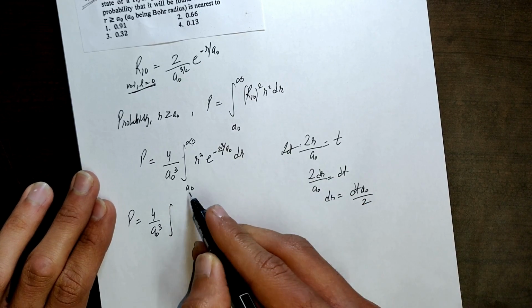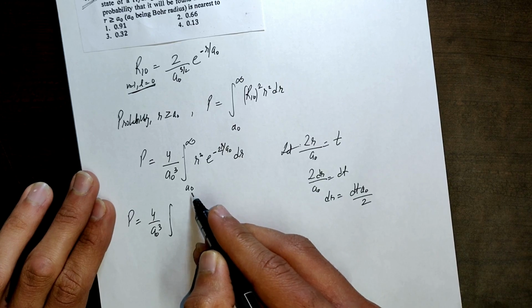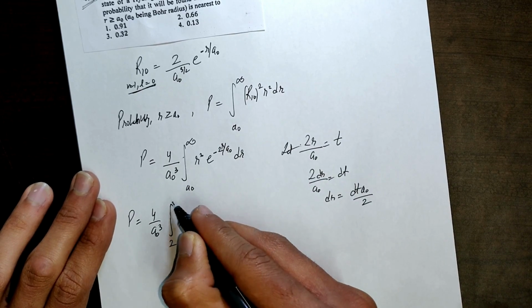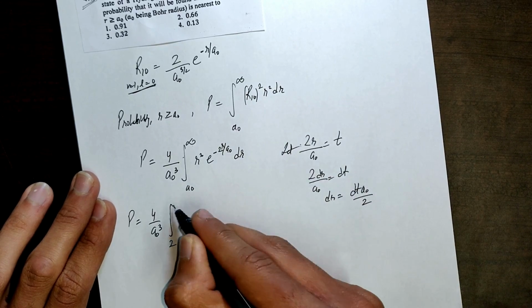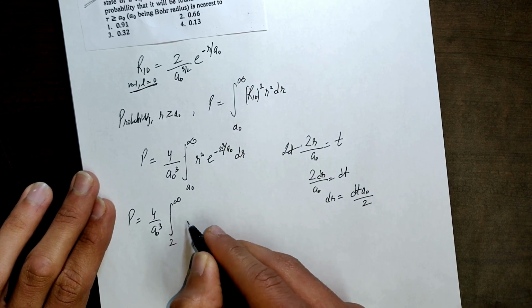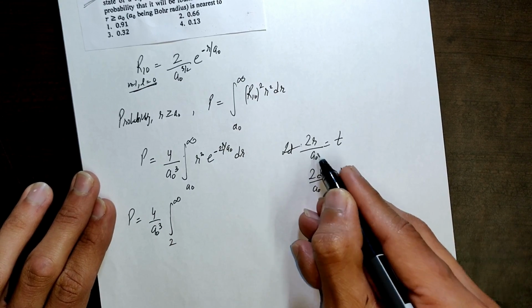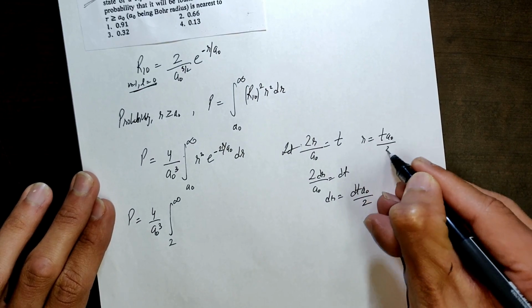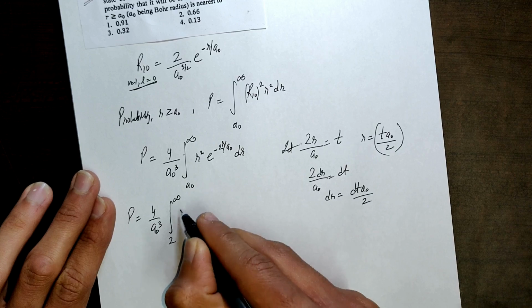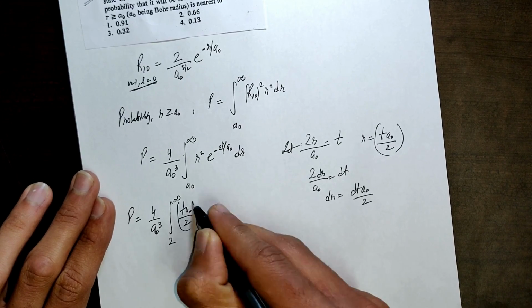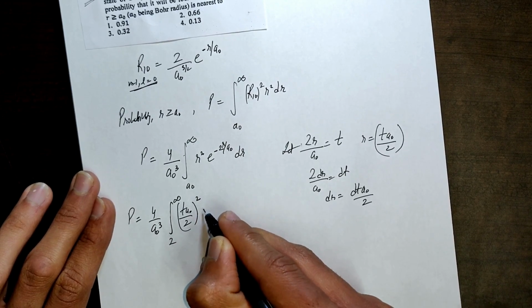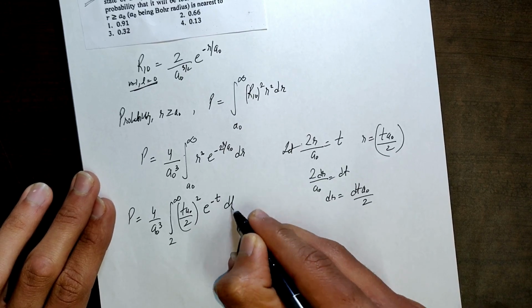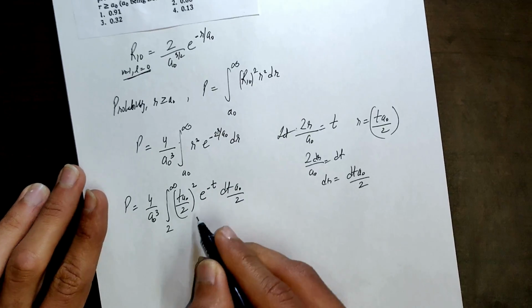When r goes to a naught, t goes to 2, and when r goes to infinity, t goes to infinity. So from 2 to infinity, the value of r is t a naught by 2, so (t a naught by 2) square into e raised to power minus t. dr is dt a naught by 2.